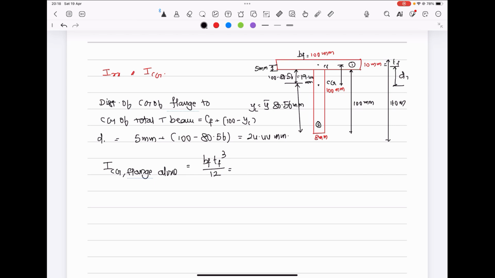BH cube by 12 about the center of gravity. ICG of flange alone will be BF into TF cube by 12. What is the BF value? That is 100. TF is 10. 100 into 10 cube divided by 12.